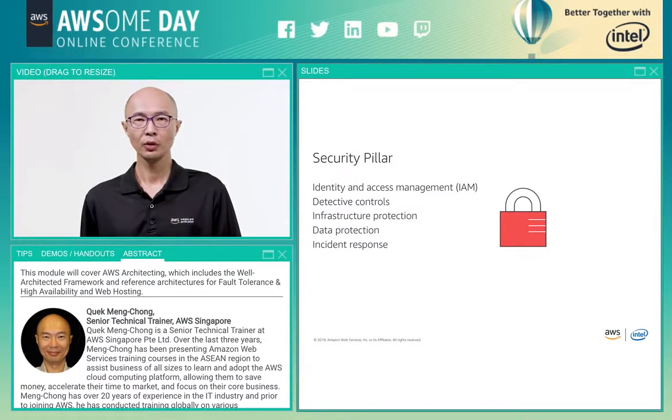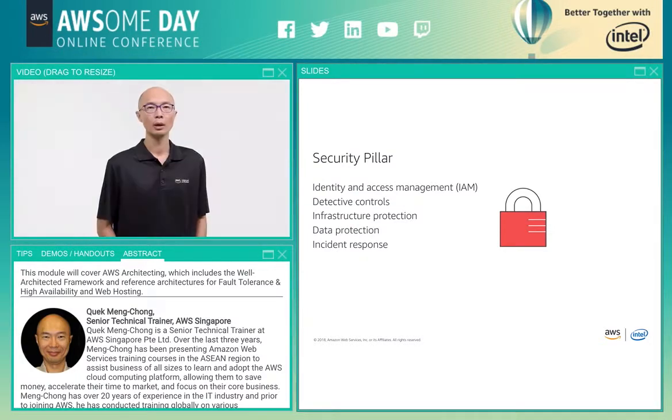There are also detective controls, which can be used to identify a potential security incident by considering some approaches such as capturing, analyzing logs, and integrating auditing controls. Infrastructure protection. This is designed to ensure systems and services within your architecture are protected against unintended and unauthorized access.